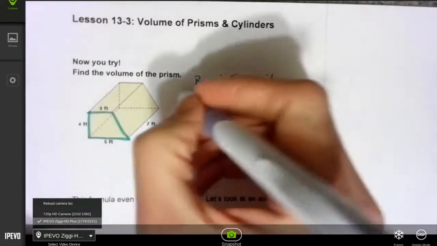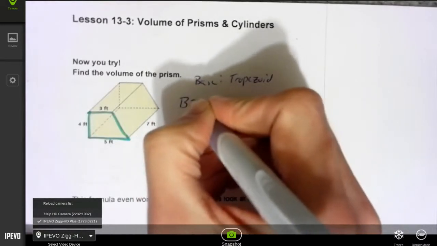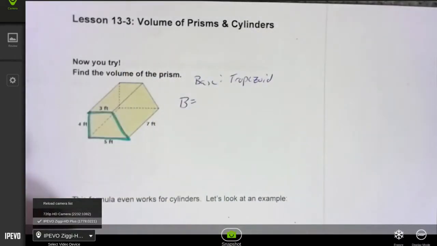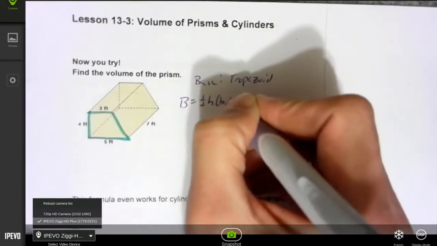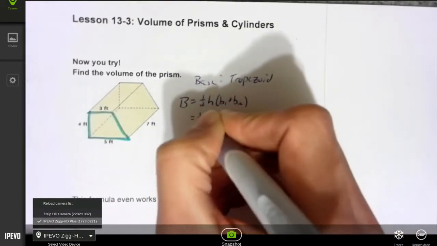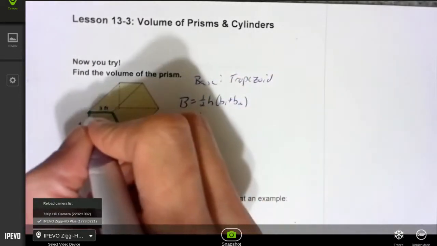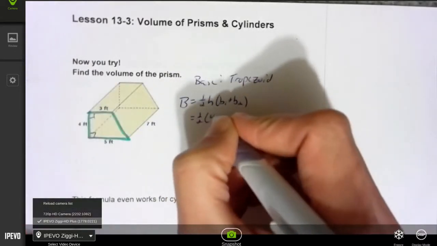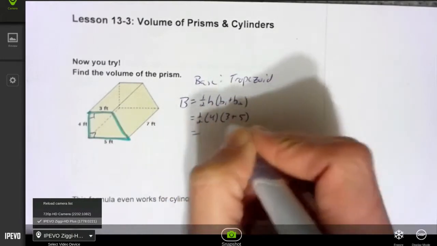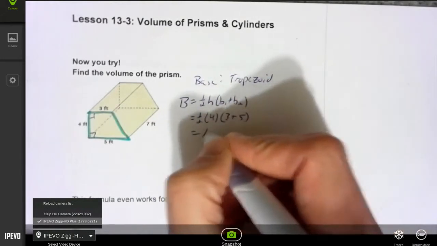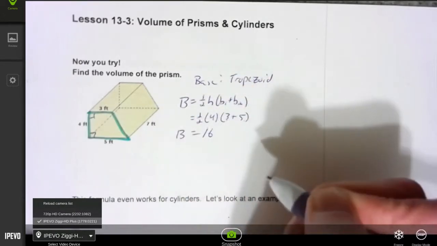We want to look at the trapezoid here. So I need to find the area of my base. Go get the area of the base. Okay, area of the base for a trapezoid. My height of my trapezoid, looks like I've got right angles there, so that's 4. My bases are 3 and 5. So 3 and 5 is 8. So that's going to give me 16 for my base.